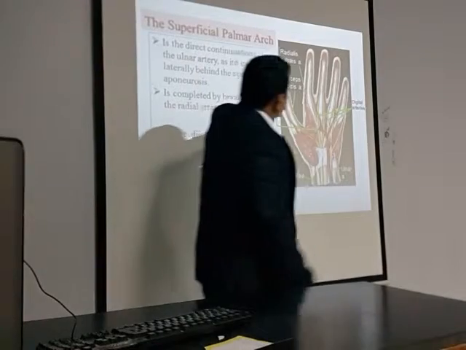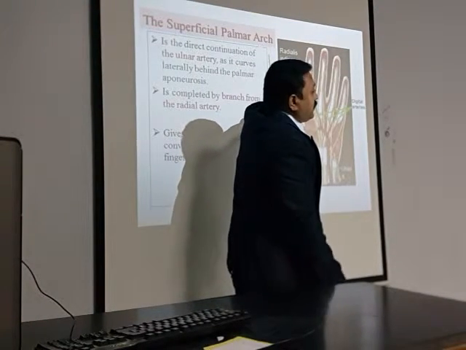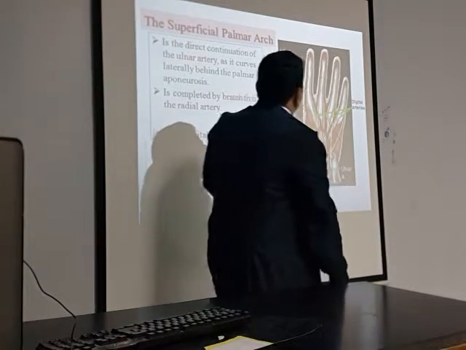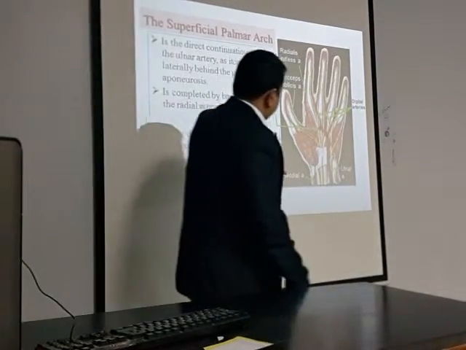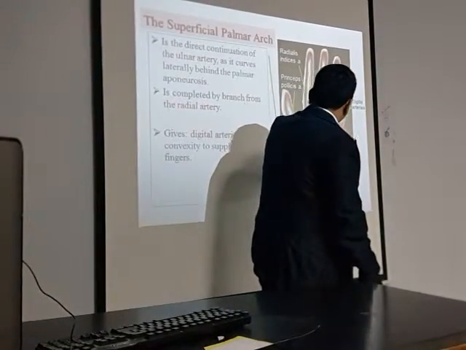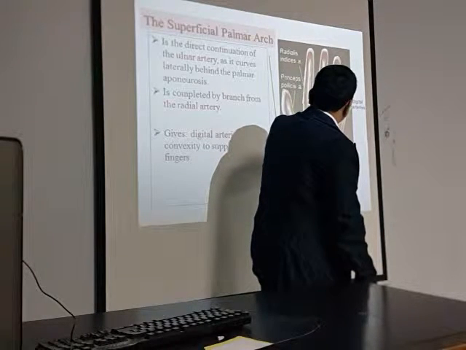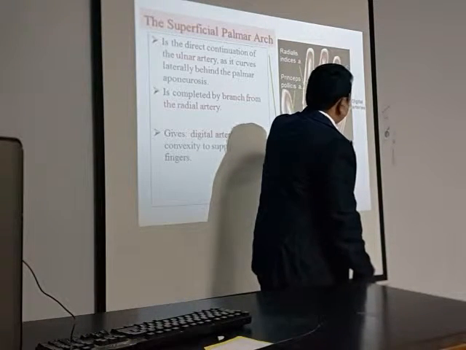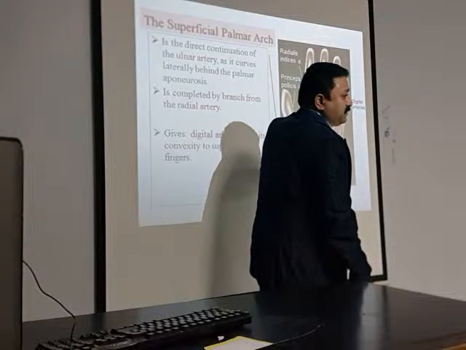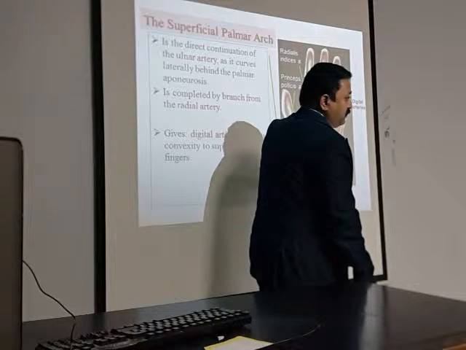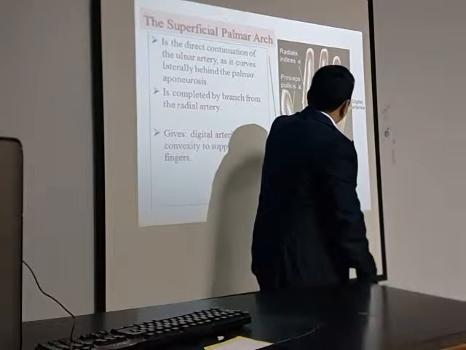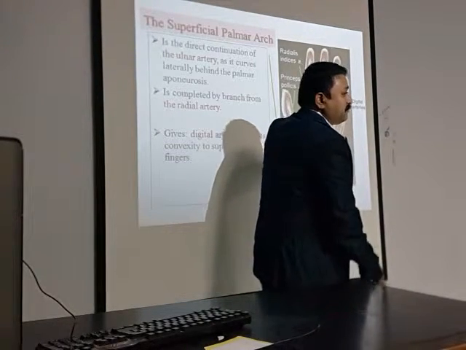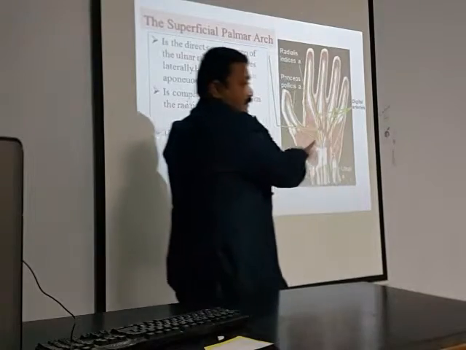Here, the radial artery gives a branch which completes the superficial palmar arch by joining the ulnar artery.